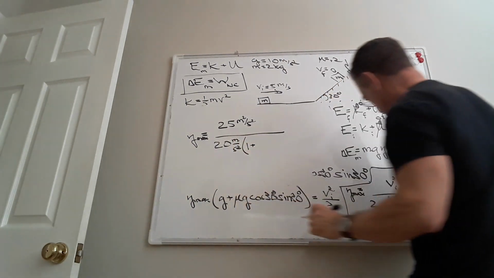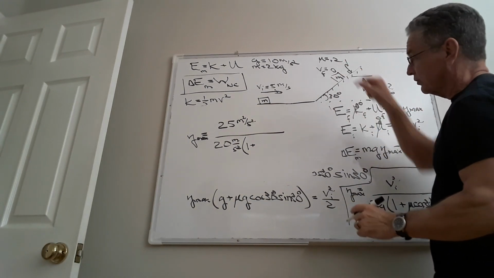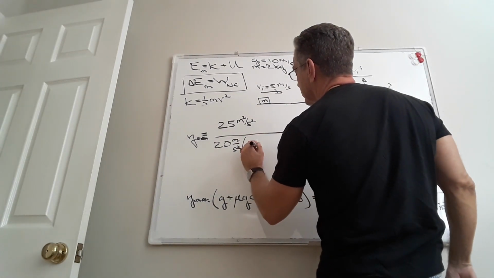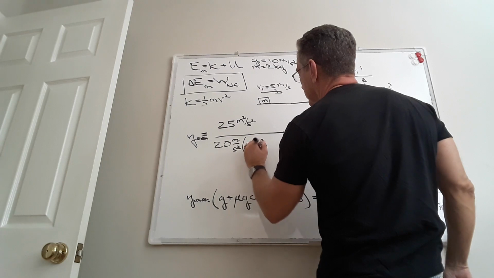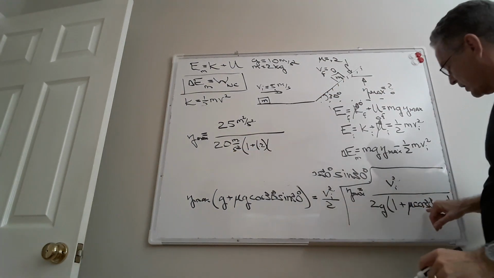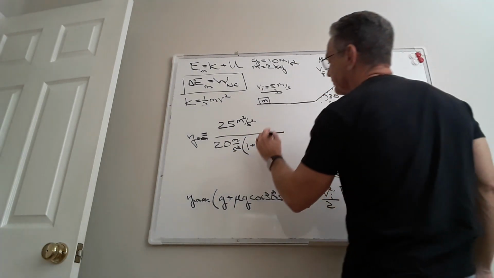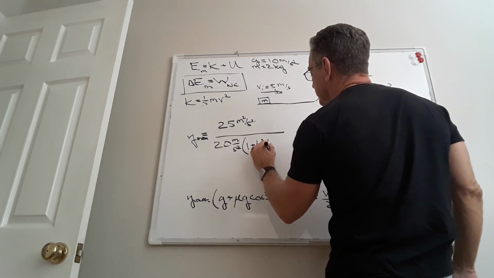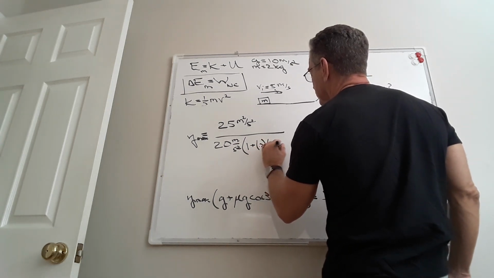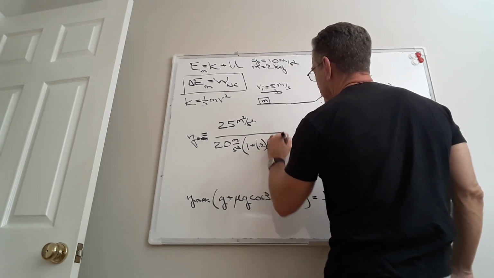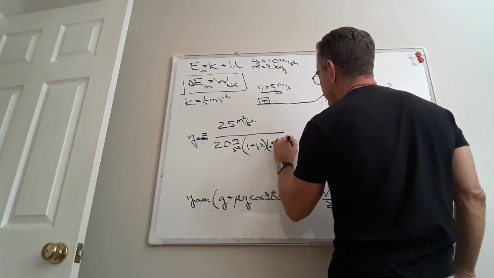plus mu, which is the coefficient of friction that was 0.2, times cosine 30 sine 30. Cosine 30 is 0.866. Sine 30 is 0.5.